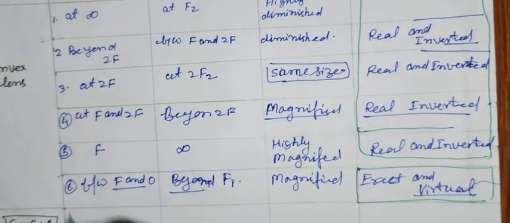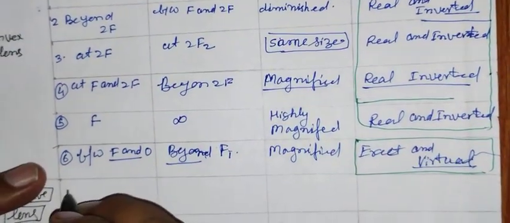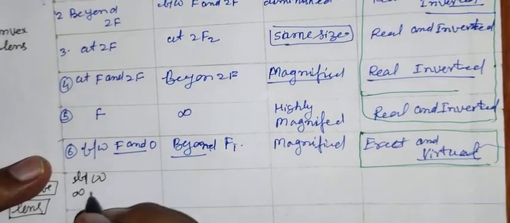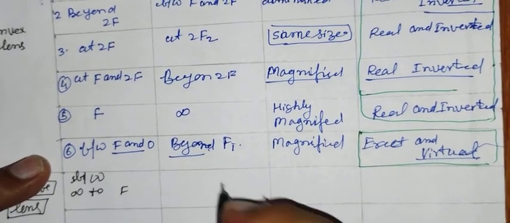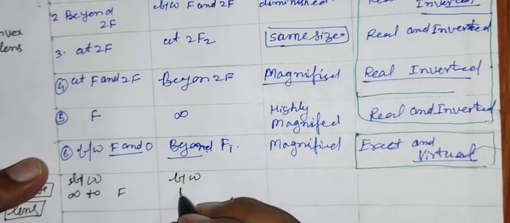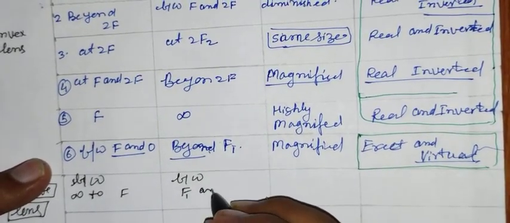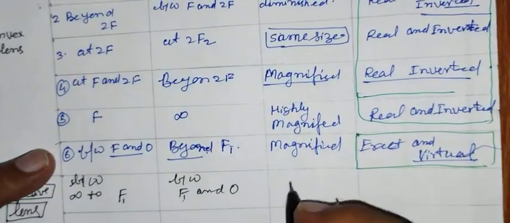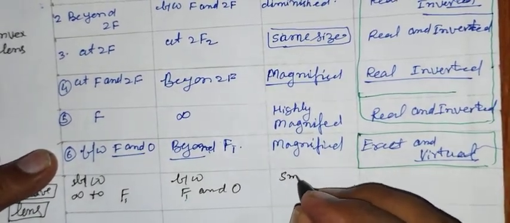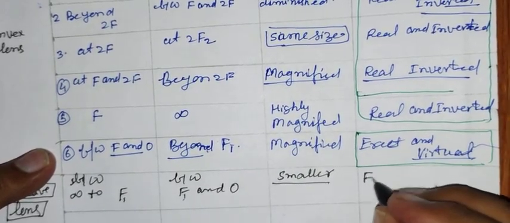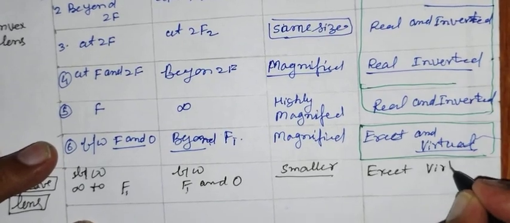So first is between infinity and F. So it is formed between F1 and O. F1 means the same side. This can also be written as F1 at every place. It is smaller in size, erect, virtual.